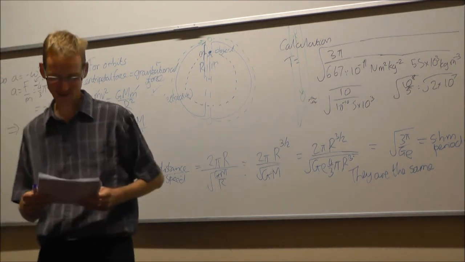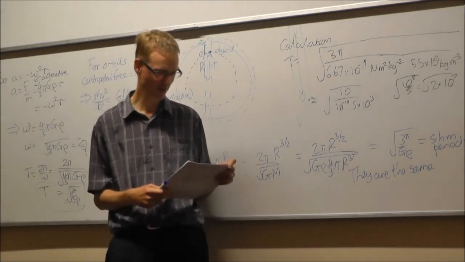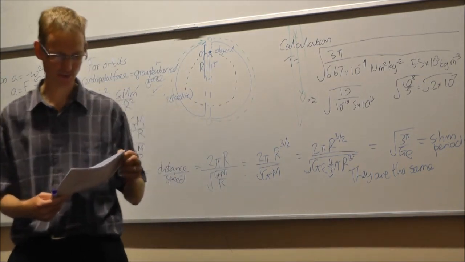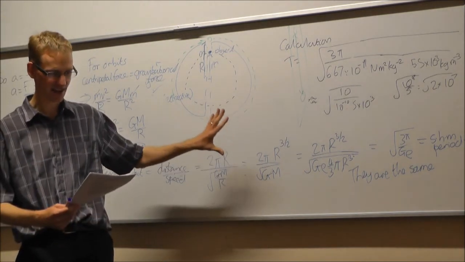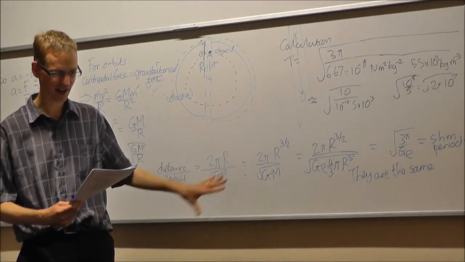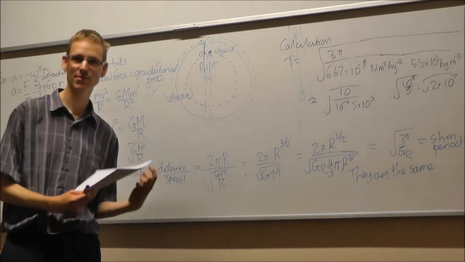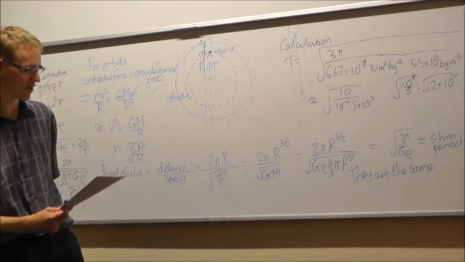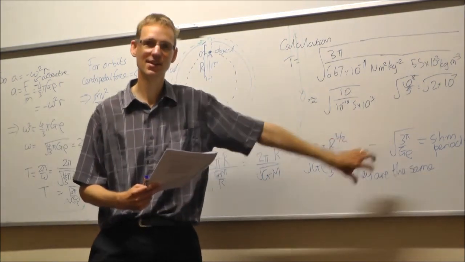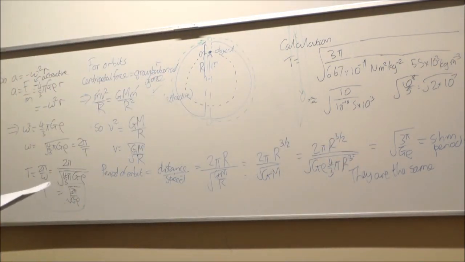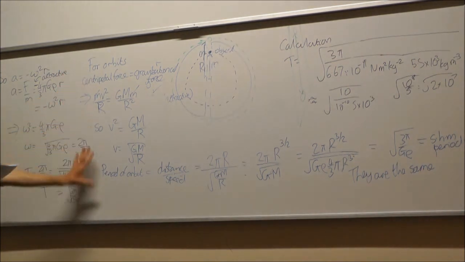Okay, let's just check we've answered the question here. Explain in what way this period is related to the orbital period of satellites in low Earth orbits. So our answer has to have some explanation. So we can say, yes, they are the same, and here's a mathematical explanation of why that is so.